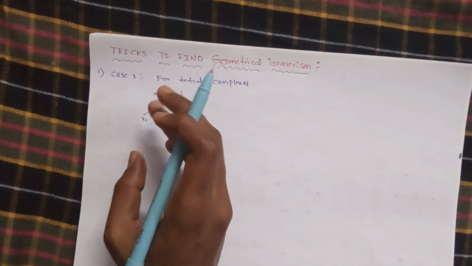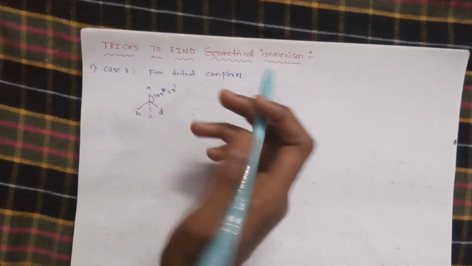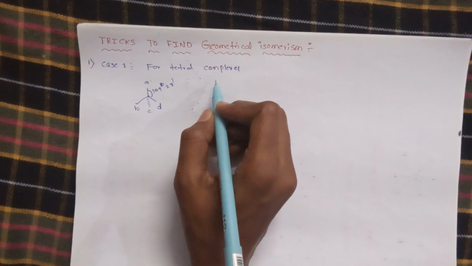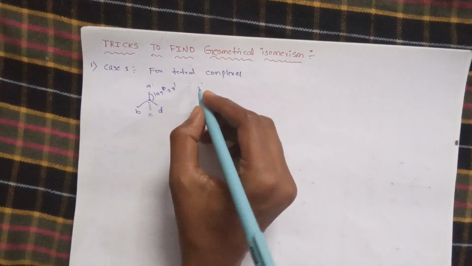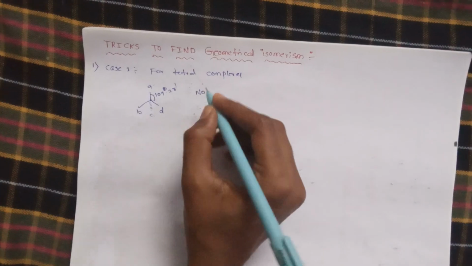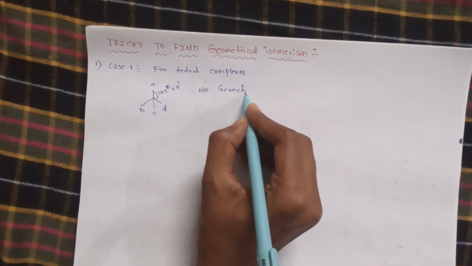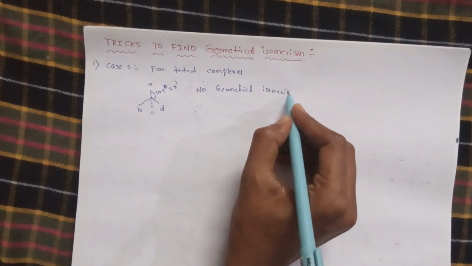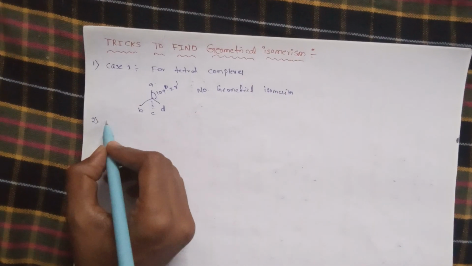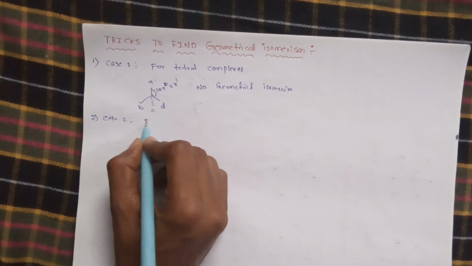So in this complex there is no change in the angle, and that's why for tetrahedral complexes there is no geometrical isomerism.